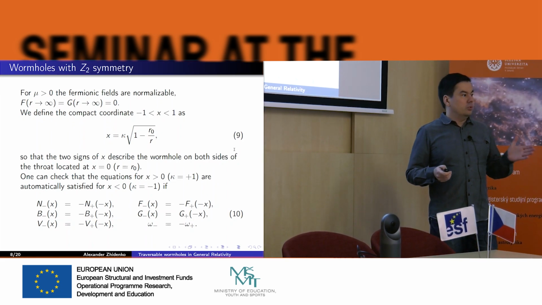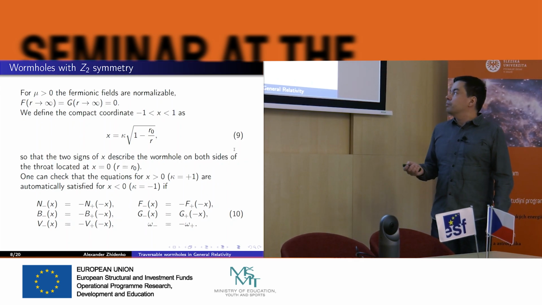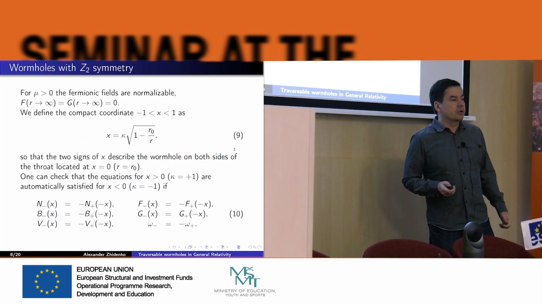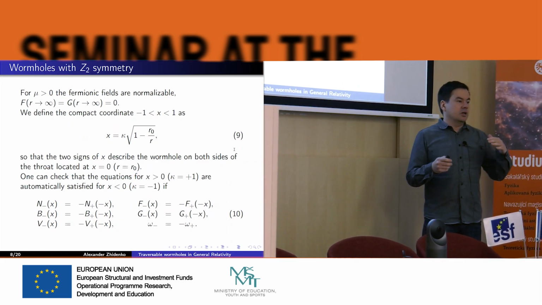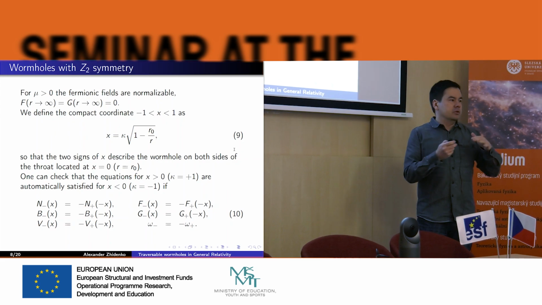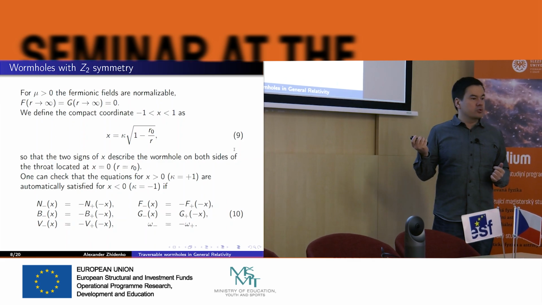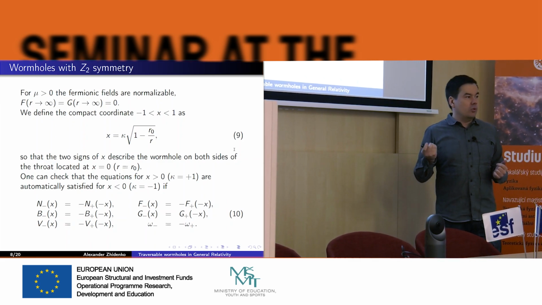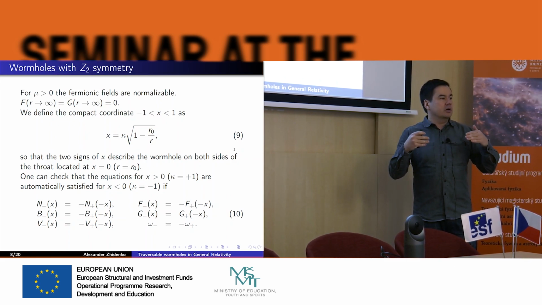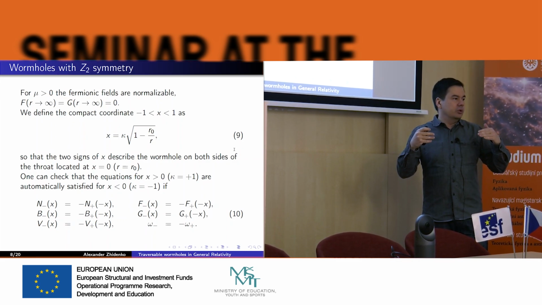We need to separate somehow particles and antiparticles, and this is basically the reason why we cannot have the mirror symmetry. So at first glance we have a connection between two space-times, and everything is symmetric. But once we use fermions to support the wormhole, we cannot maintain the mirror symmetry between these two parts.